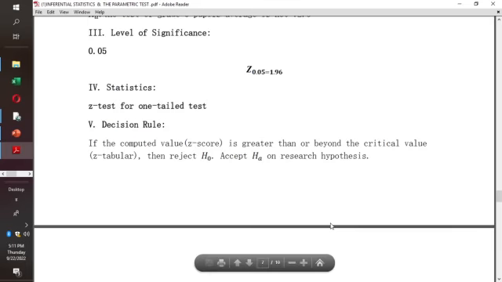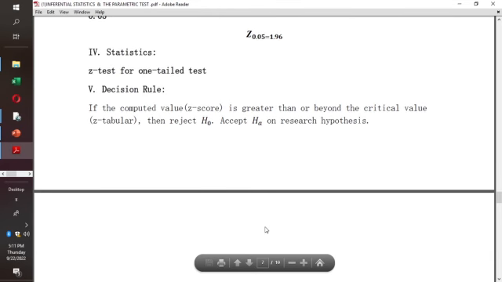Statistics: z-test for a one-tailed test. Decision rule: if the computed z-score is greater than or beyond the critical z-tabular value, then reject the null hypothesis and accept the alternative or research hypothesis.